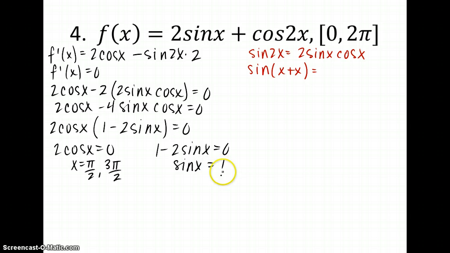Sine x equals positive 1/2 at pi over 6 and 5 pi over 6. Okay, so the derivative is 0. Now we have 4 values to plug into the second derivative.